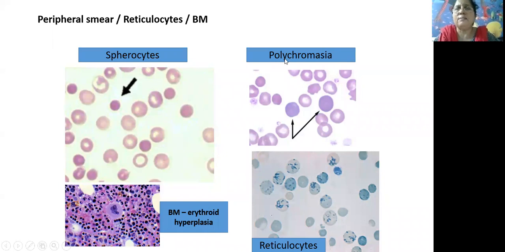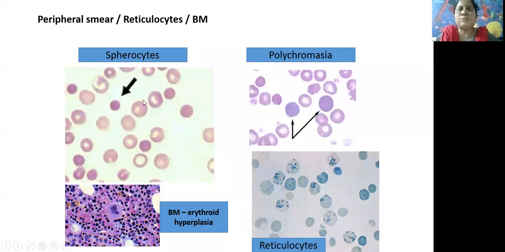Chrome means color, poly, multiple colors. And when you do the reticulocyte stain, because of the compensatory red cell hyperplasia, reticulocytes are increased. Reticulocytosis. And bone marrow shows erythroid hyperplasia because of the erythropoietin.